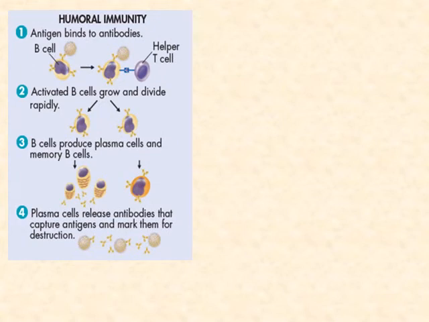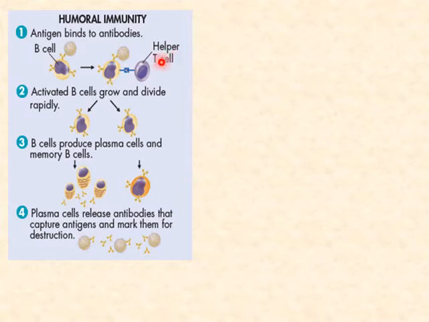Now, let's quickly summarize the humoral immunity diagrammatically. As you can see in this diagram, the first event that happens in humoral immunity is that antigens bind to antibodies produced by B cells. This will lead to stimulation of a special type of white blood cells called helper T cells.